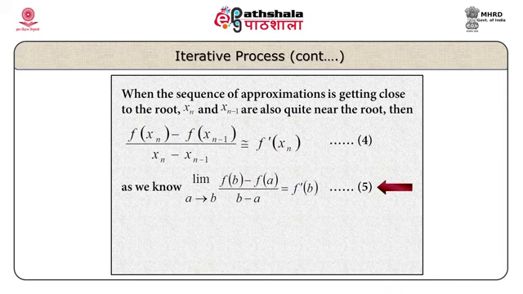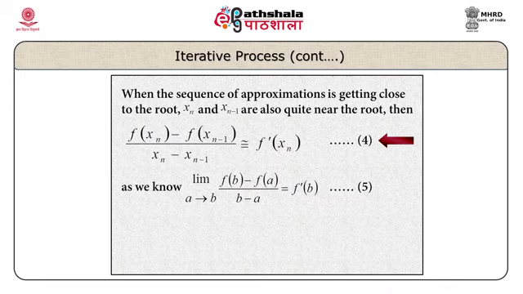So, here see, these are the sequence of approximations. So, xn and x(n-1) both are converging to the point x, which is root of the equation. So, xn and x(n-1) would be quite close, and so when they are quite close, this ratio [f(xn) minus f(x(n-1))] upon [xn minus x(n-1)] can be treated as approximately equal to derivative of f at the point xn.